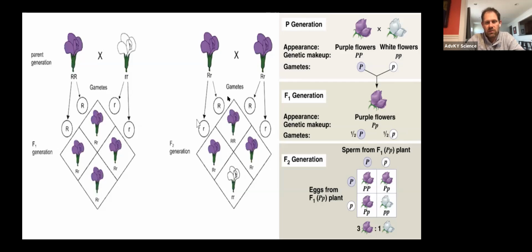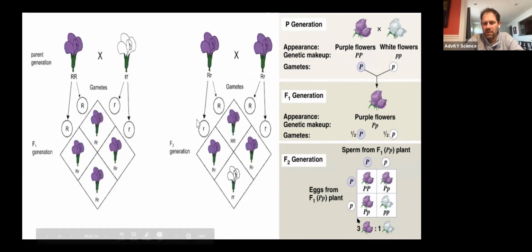This is one of Mendel's big ratios. Obviously you've studied Mendel, you know Mendel studied pea plants, and he came up with the theory of genetics as we know it and studied the basis of it. So he came up with a 3-to-1 phenotype ratio. When I cross 2 heterozygous, you get 3 purple, 1 recessive white. Okay, and this is just diagrammed over here a little bit differently.